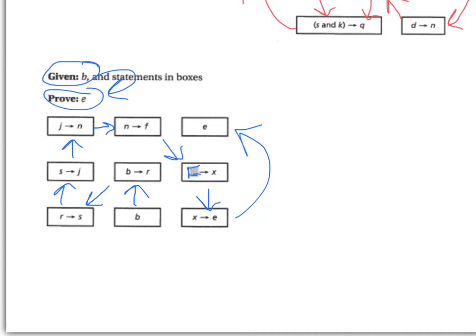Like I said, we're not going to see problems like this on the homework, but it does prepare our minds to think logically.